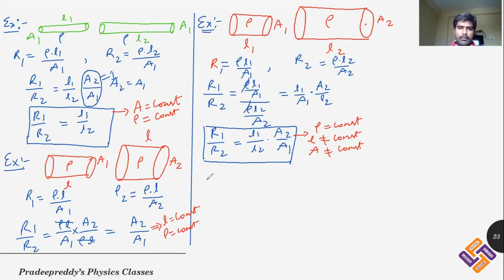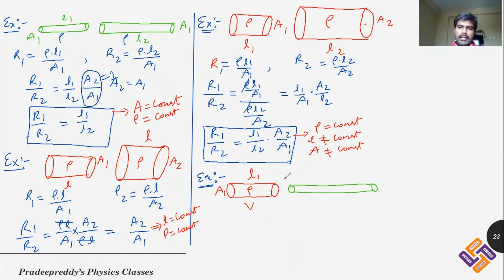Okay, next, one more example. Let me take a conductor. Understand, this is one more different one. It has length L and area of cross section A, or you can write it as L1 A1. It has resistivity rho, and it has some volume V. What I am doing is, this material is recasted and elongated to some area of cross section.